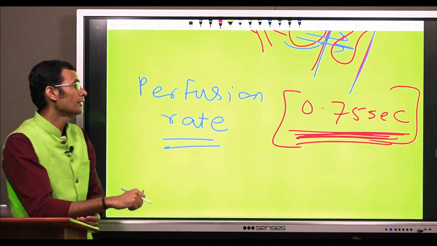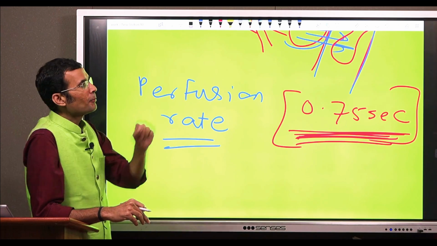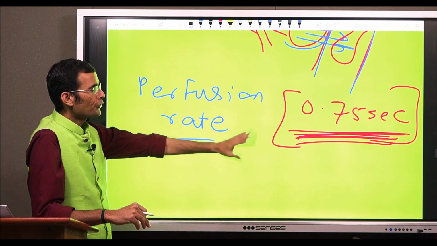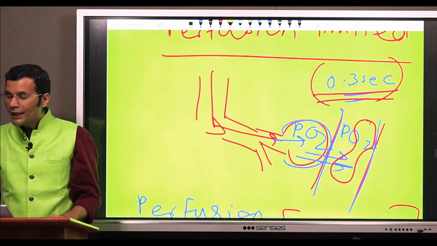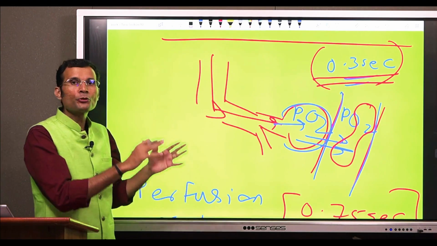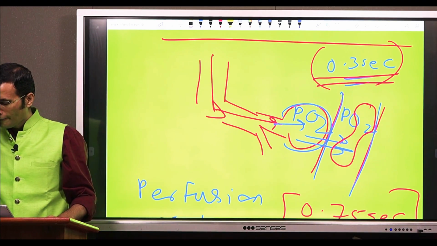It needs only 0.3 seconds. It does not utilize all 0.75 seconds. Oxygen needs at least 0.3 seconds to reach equilibrium from alveolus to the pulmonary capillary blood.